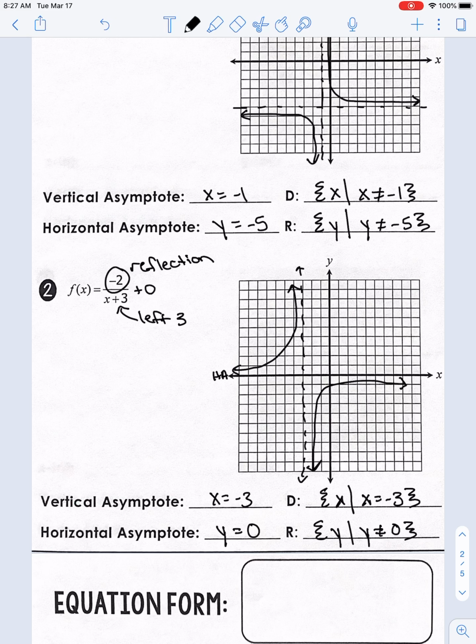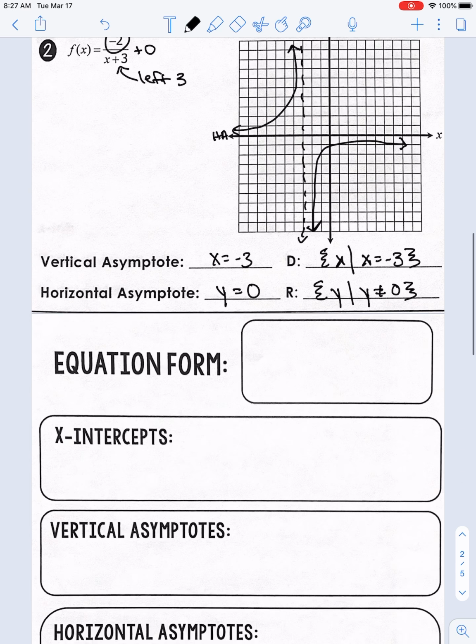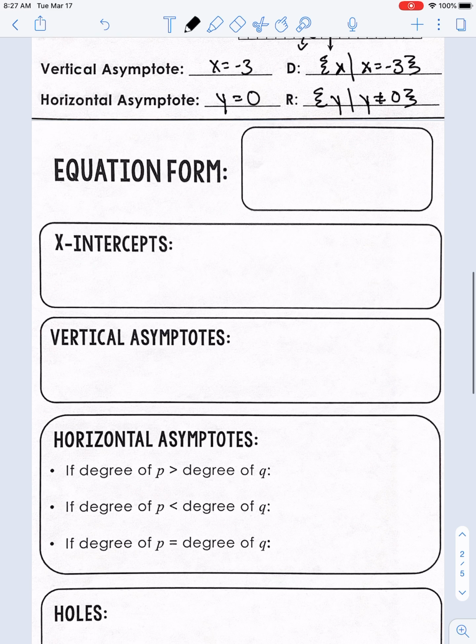If you have an x in the numerator and in the denominator, you are now dealing with a rational function. So a rational function has the form f of x is equal to some polynomial p of x on the top over some polynomial q of x on the bottom, but remember that q of x is not allowed to be equal to 0.